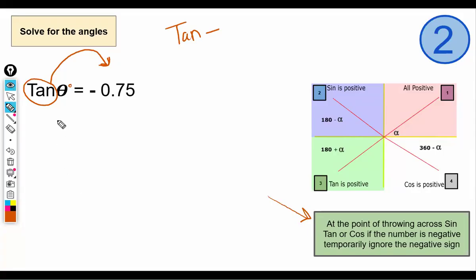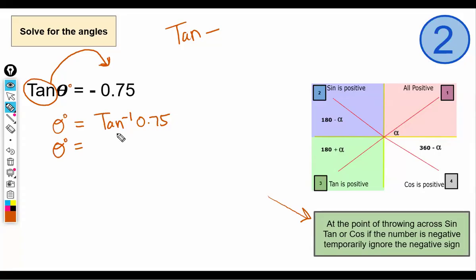So you take tan inverse and ignore the negative sign. I know you're seeing negative 0.75, but you just find the tan inverse of positive 0.75.